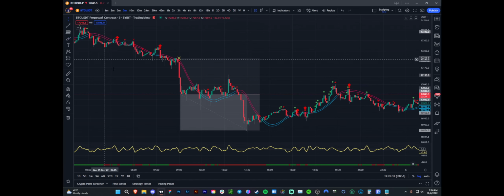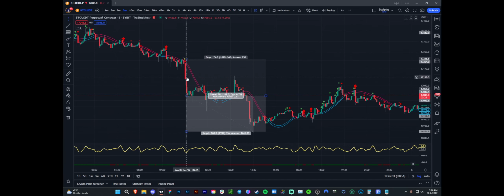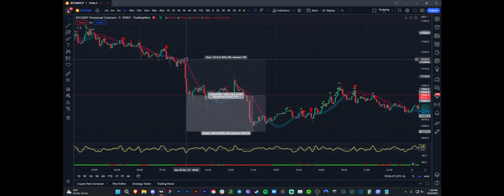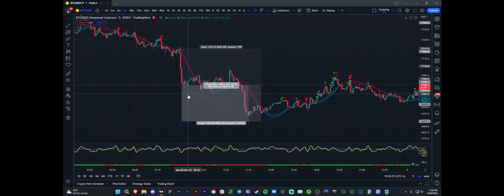So now, obviously, you're going to want to look back 10 candles for our stops. So 1, 2, 3, 4, 5, 6, 7, 8, 9, 10. So it would be right here. And that's pretty much it, okay, so here are our stops, right? Now we're going to move our take profits down to a 1-to-1.